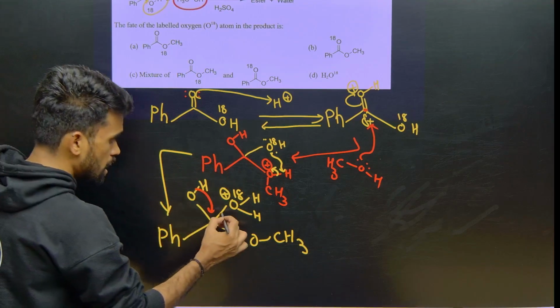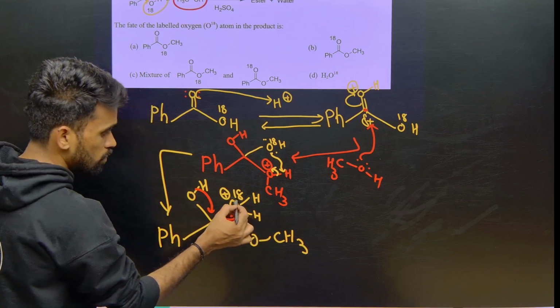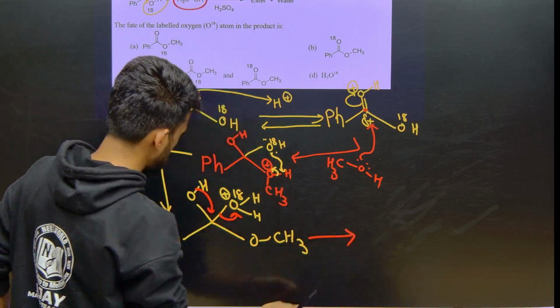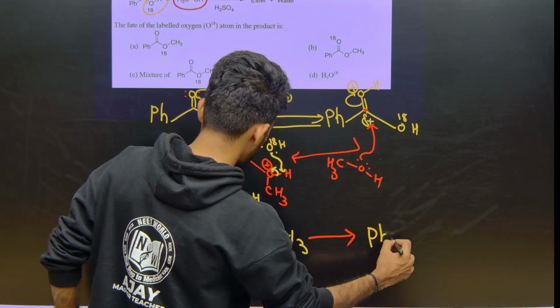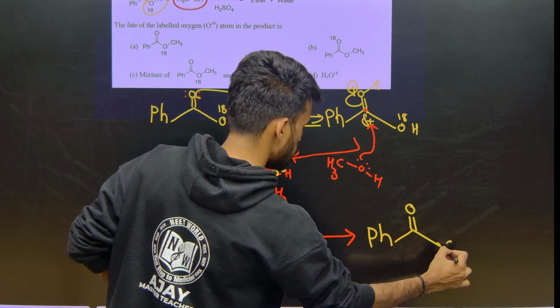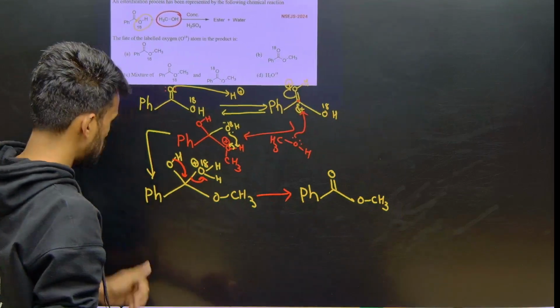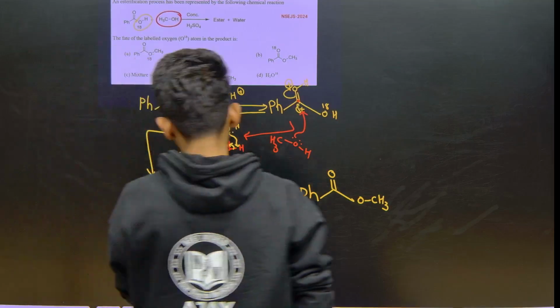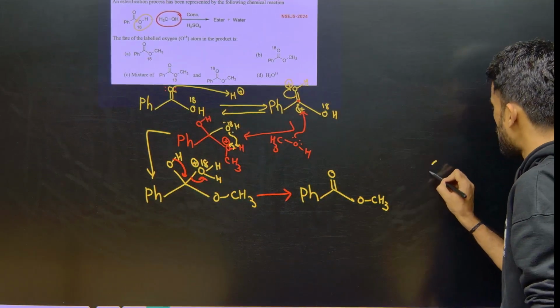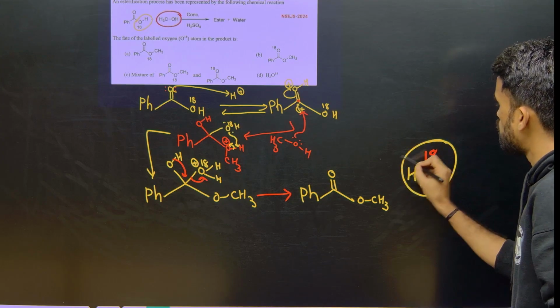Deprotonation takes place, and at the same time this water molecule goes out, so that we get an ester as a product. So Ph, C double bond O and OCH3. Now what came out here? We got water that is isotopically labeled; the O18 came out as water, H2O. This will be the byproduct.